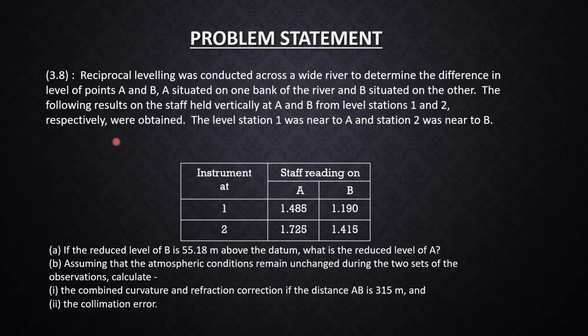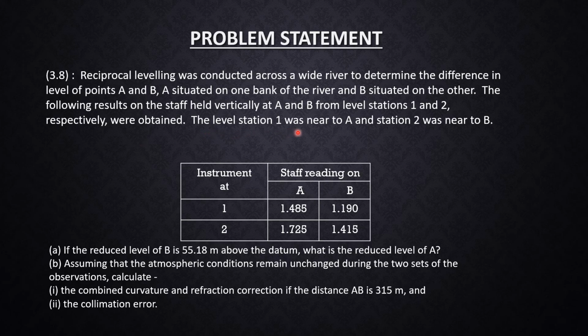Problem statement. Reciprocal leveling was conducted across a wide river to determine the difference in level of points A and B, A situated on one bank of the river and B situated on the other. The following results on the staff held vertically at A and B from level stations 1 and 2 respectively were obtained.